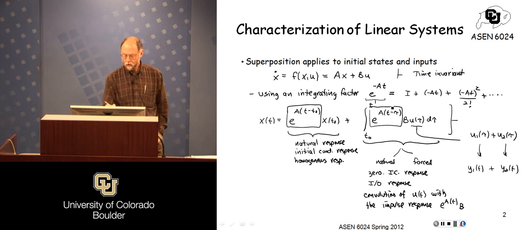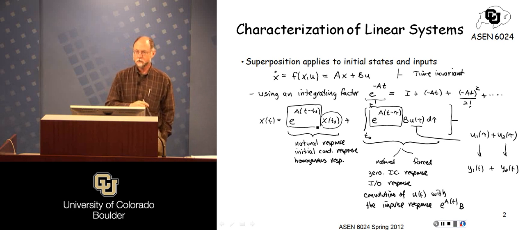Okay. What about superposition with respect to the initial conditions? Matrix multiplication is also a linear operator. Exactly. We get the same deal. This is a linear operator here. We can split it into two terms. And the response due to the one plus the response due to the other is the same as the response due to the sum. Okay, so it pretty clearly satisfies superposition.